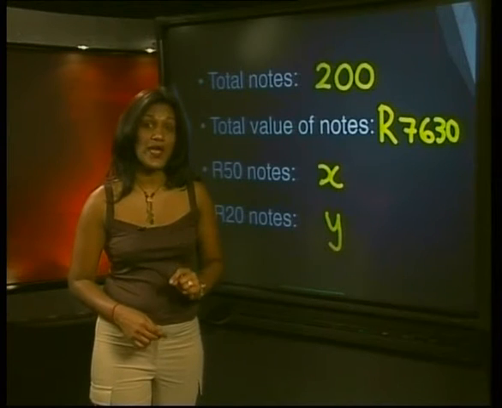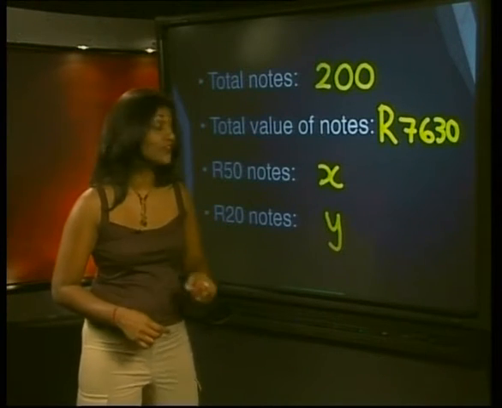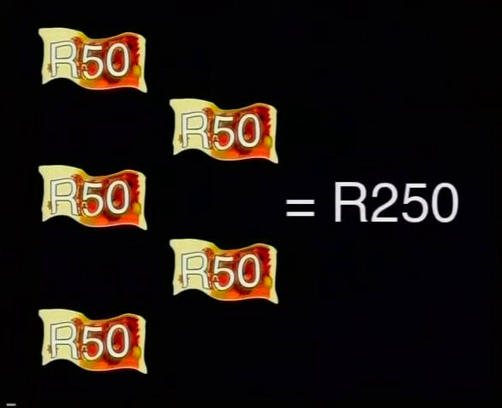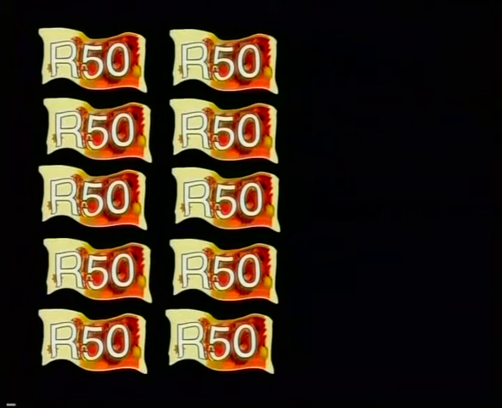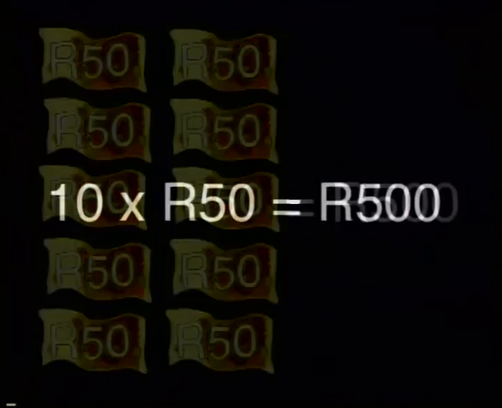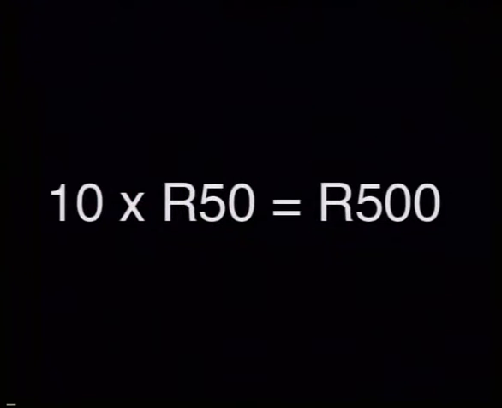Can we find a way of writing down the total value of all the 50 Rand notes together? Think about it. If there are 5 50 Rand notes, the total is 250 Rands. If there are 10 notes, the total is 500 Rands. So, we multiplied the number of notes by 50.